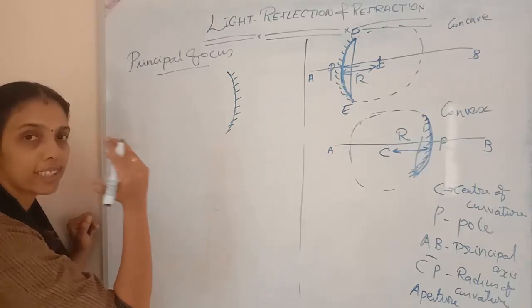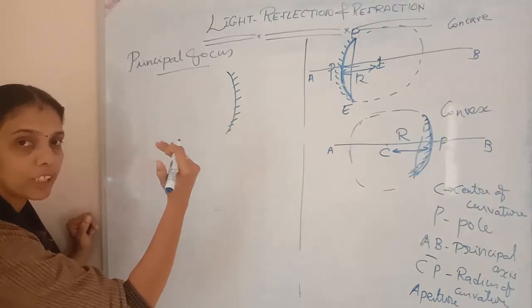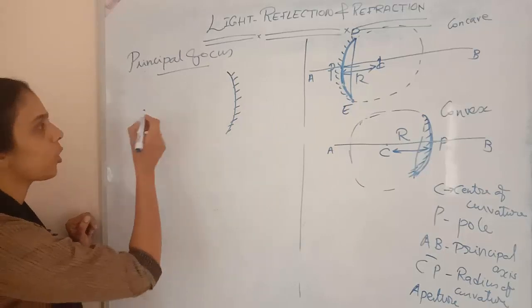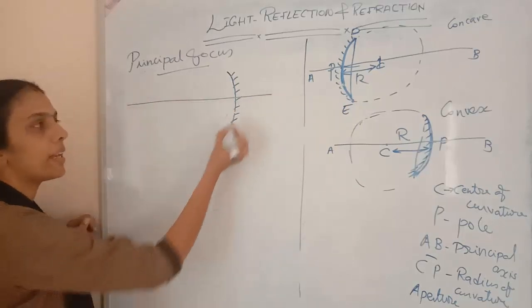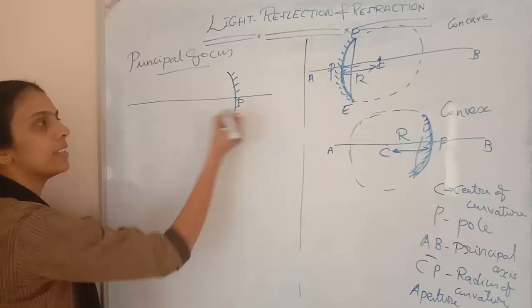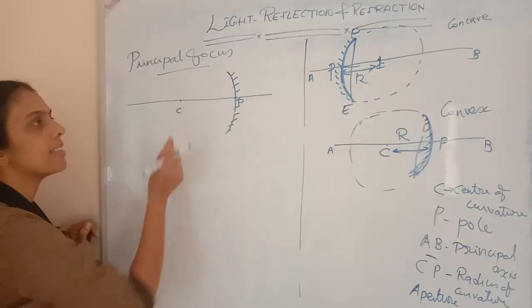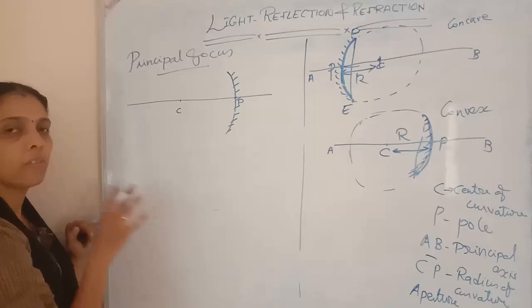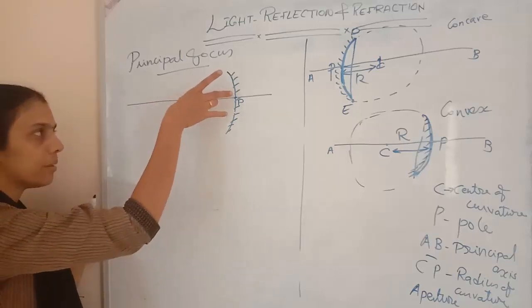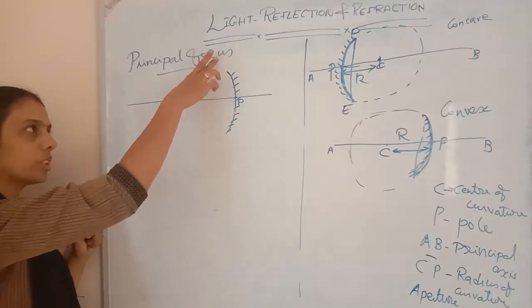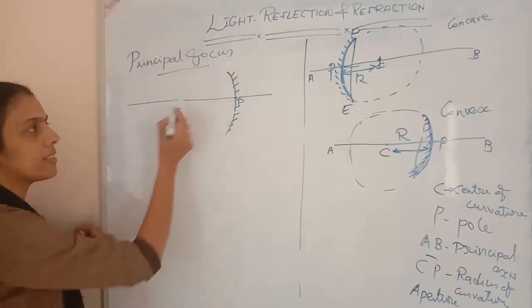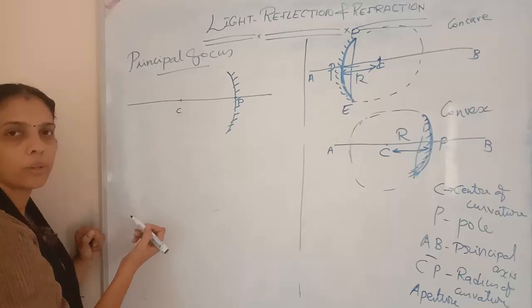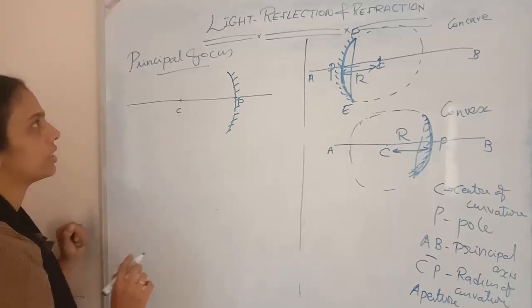It's a concave mirror, curved inwards, cave. For the concave mirror, this is the principal axis. This is the pole and this is the center of curvature. While you are drawing, you should take the compass, keep it at the center of curvature, and draw an arc. Then you can mark this as C. This is the center of curvature.